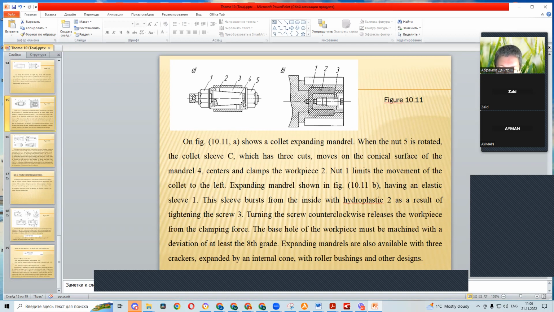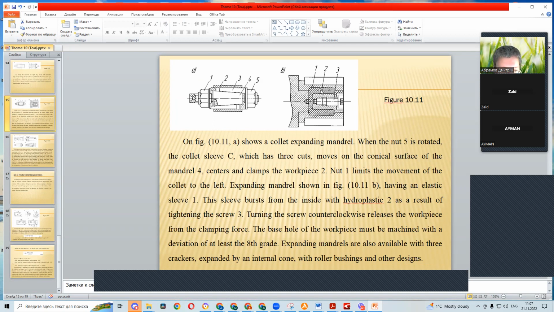Expanding mandrel shown in figure 10.11b, having an elastic sleeve 1. This sleeve bursts from the inside with hydroplastic 2.